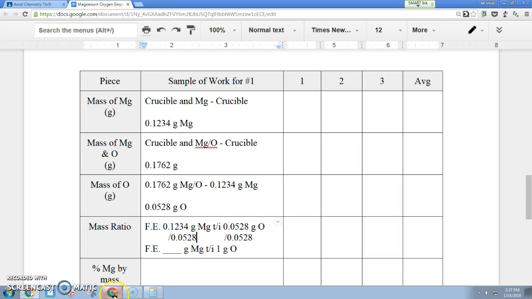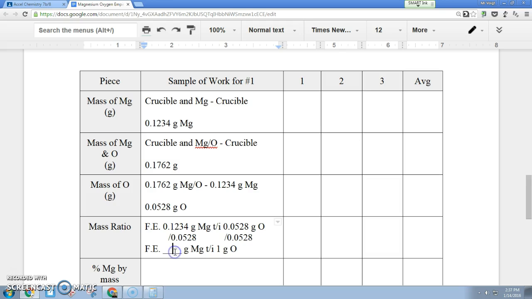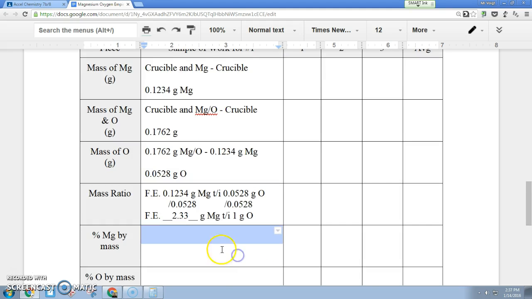Okay, and that's definitely going to be helpful to do this. So 0.1234 divided by 0.0528 equals 2.33 grams of magnesium. There is 1 gram of oxygen.